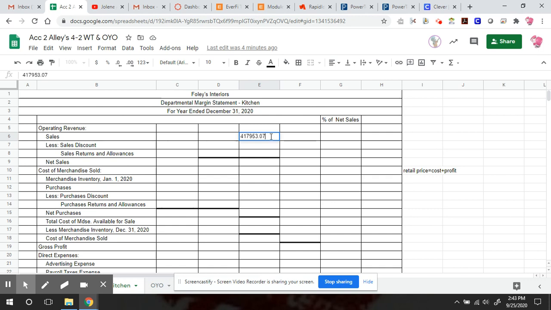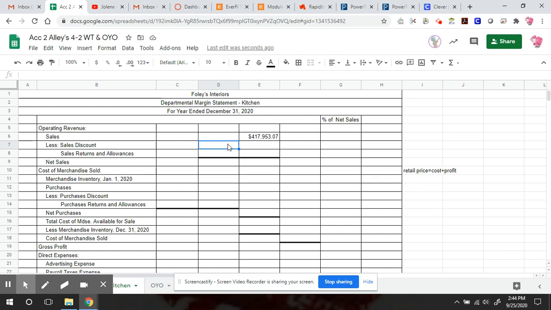Now we have to figure out the discounts, because we can't count sales discounts and sales returns and allowances. We have to subtract those out of this grand total. This is just gross sales, not net sales.